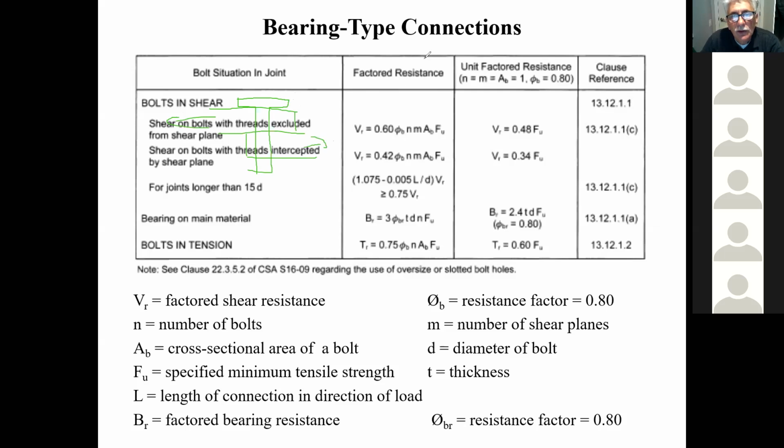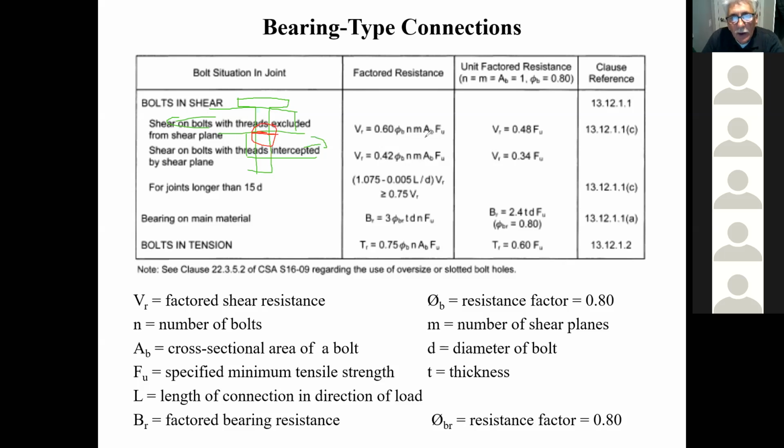Now, let me just change color. You can appreciate that the force is going here, it's getting transferred right here, and then it's going into this member. So the force is being transferred by shear, and here there's only one shear plane through which the force is being transferred.